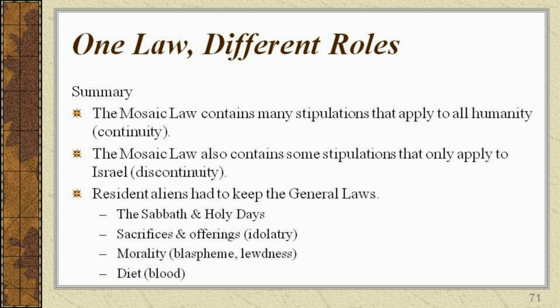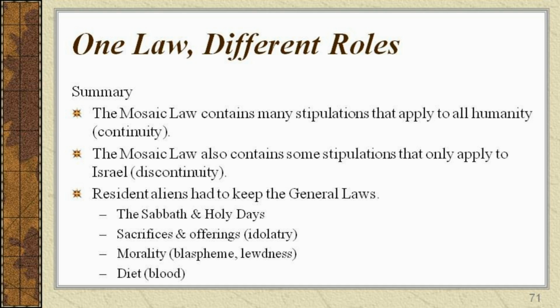Second, we saw that the law of Moses also contains many stipulations that only apply to the native-born Israelites living in the Promised Land under the terms of the Old Covenant. Most of these laws dealt with the unique aspects of Israelite society, such as laws regulating the monarchy, the Levitical priesthood, and the duties of one Israelite to his fellow Israelite.